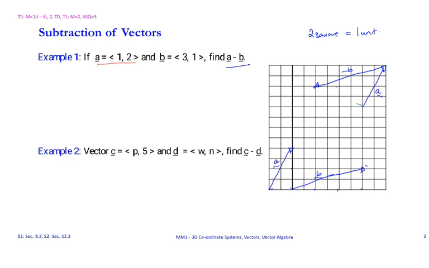We have A minus B here. And if we look at this and take this as our origin, we'll actually find that this is minus 2, 1. So minus 2, 1.